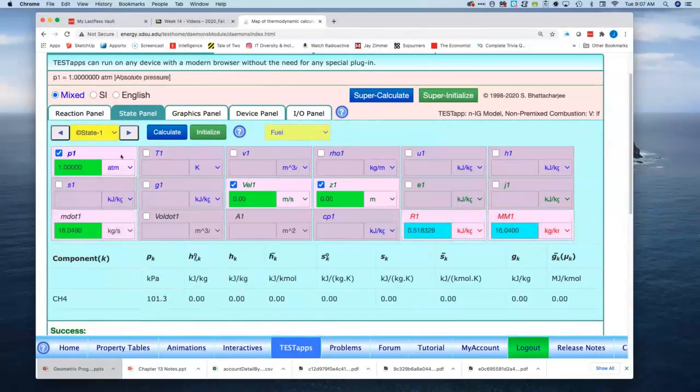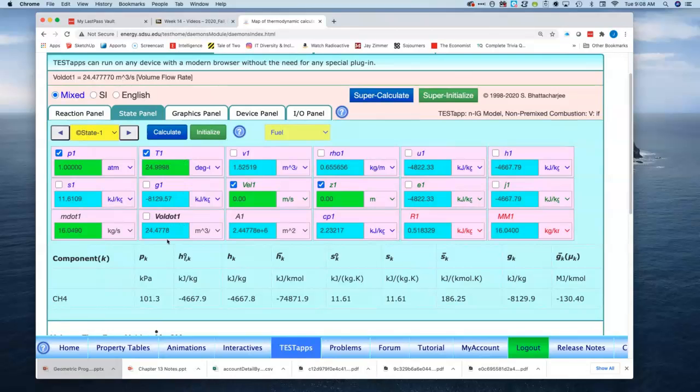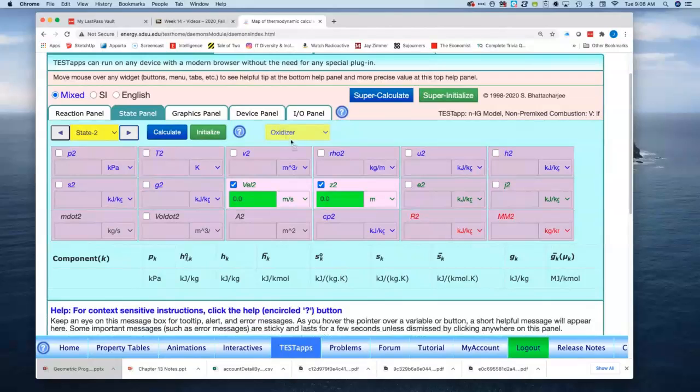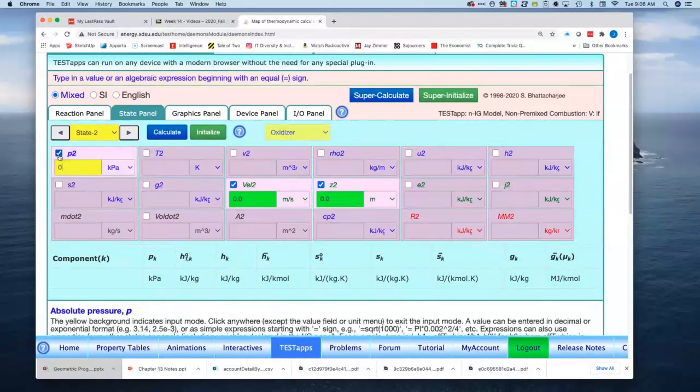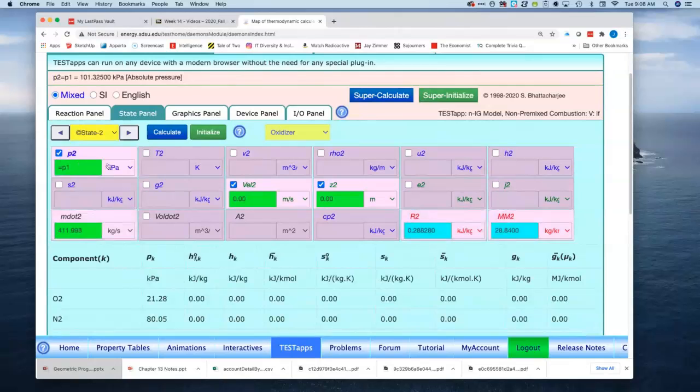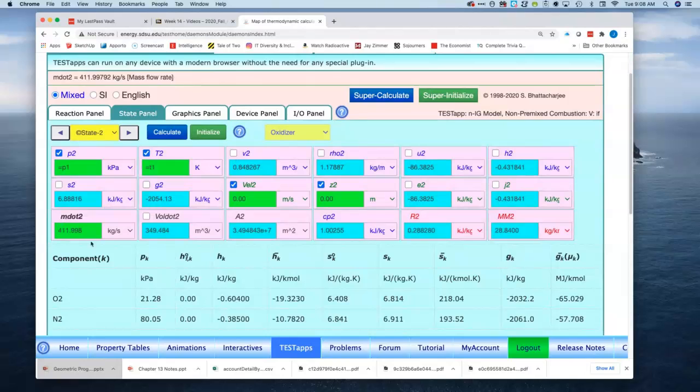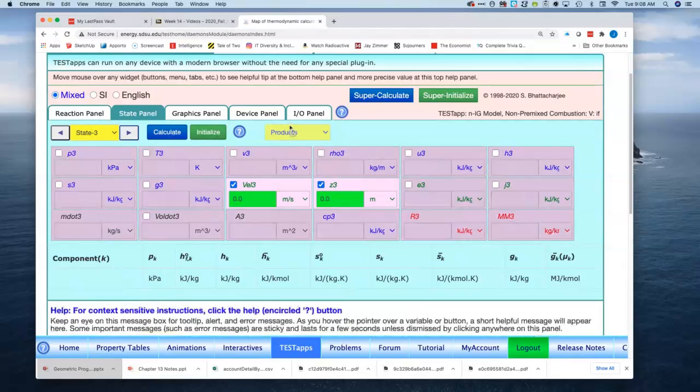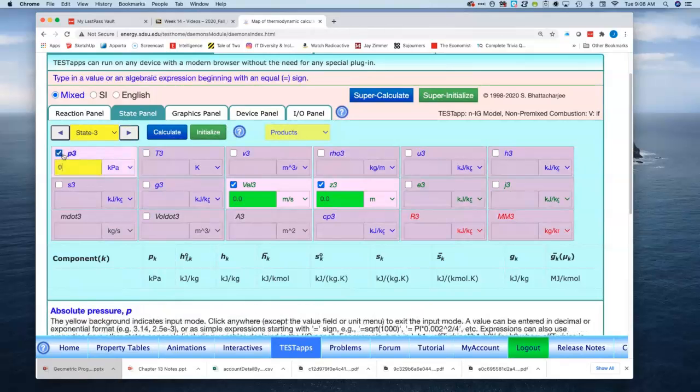That was our fuel, at a temperature of 25. Now you don't have to worry about putting in the V dot and the m dot. It normalizes to 1 mole of methane. Then our state 2, which is our oxidizer, is going to be the same pressure and the same temperature, T1. Again, it already figured out the m dot based on the formulas. Then state 3 is our product, and it's coming out at 1 atmosphere.